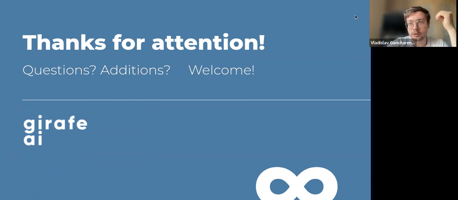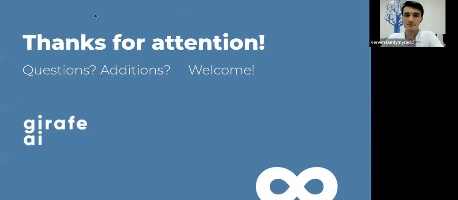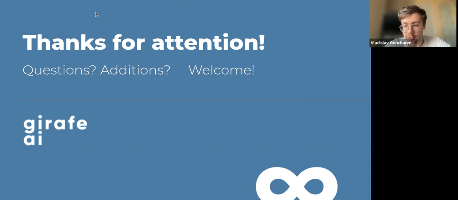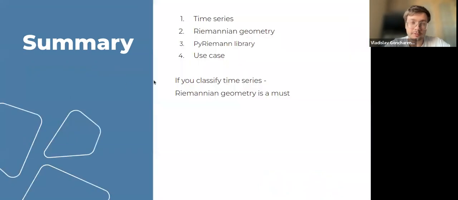I want to add that for the particular problem of EEG signal classification, this is a really strong baseline, which is a good starting point. As a conclusion, if you classify time series, it's good to give it a try and see how it goes.